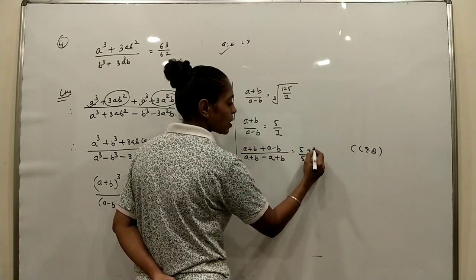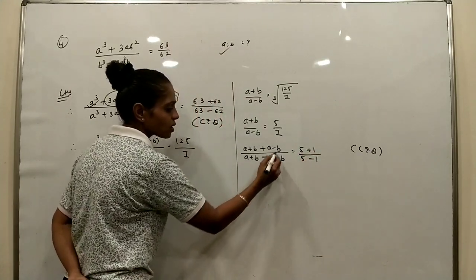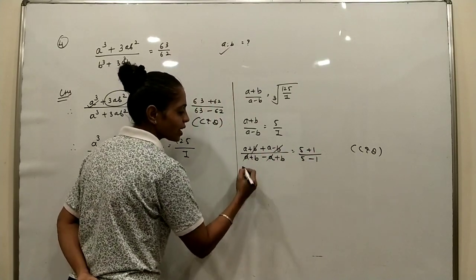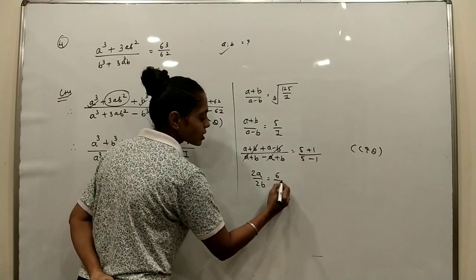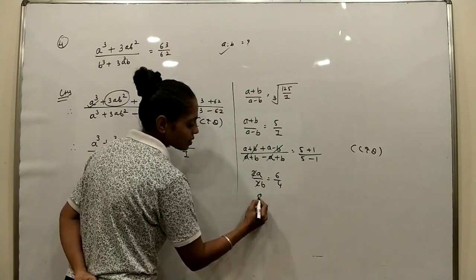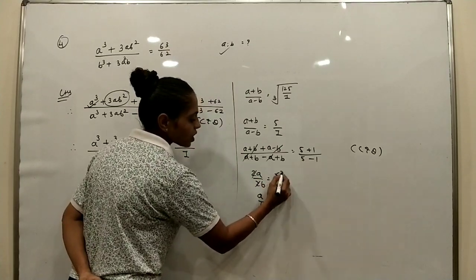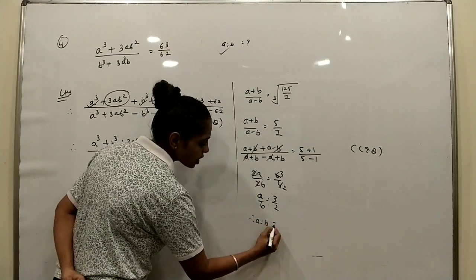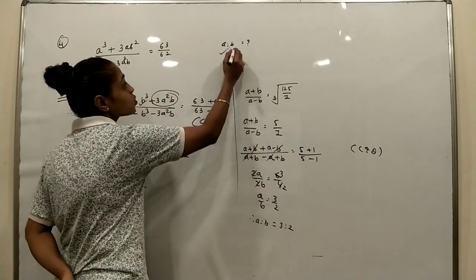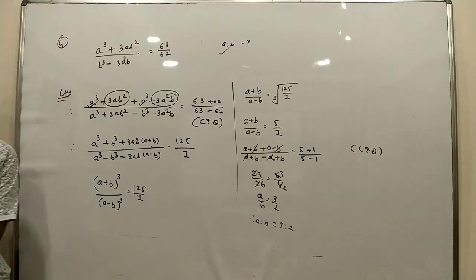Now b and b cancel, a and a cancel. 2a upon 2b is 6 by 4. 2 cancel, a upon b is 3 by 2. Hence, a is to b is 3 is to 2. Your answer.